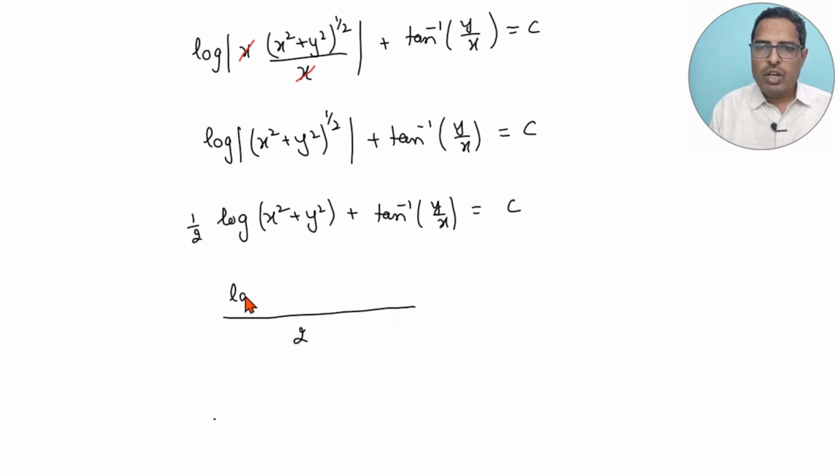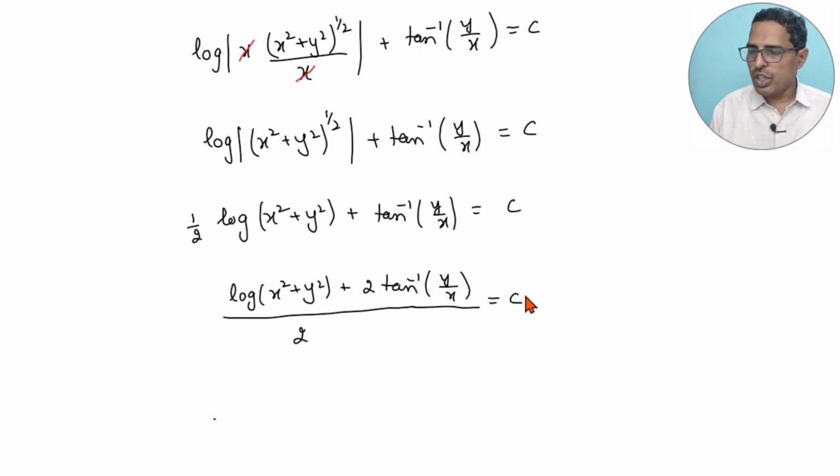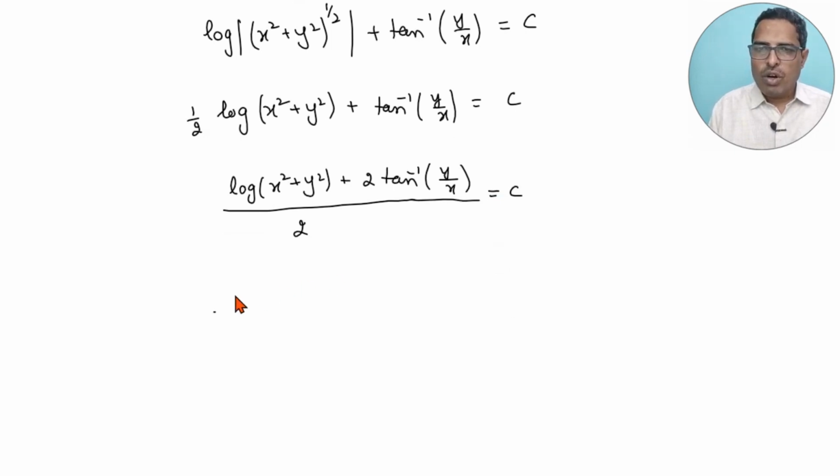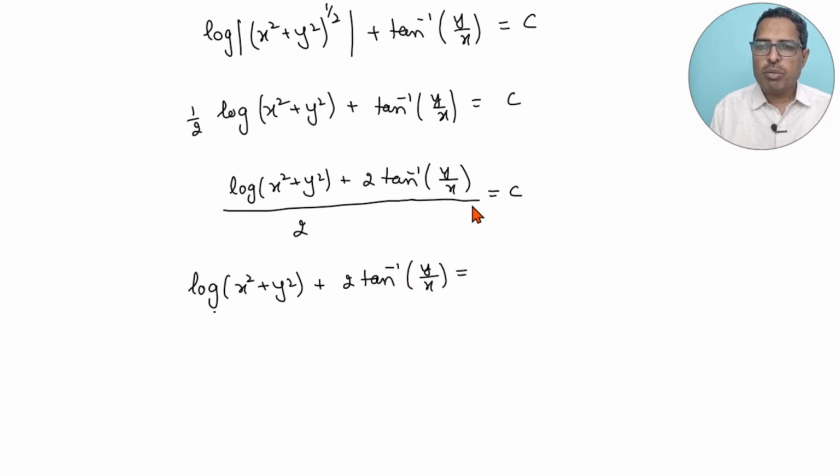We get log of x square plus y square plus 2 times tan inverse of y by x is equals to, cross multiply, the 2 on the other side becomes 2c.